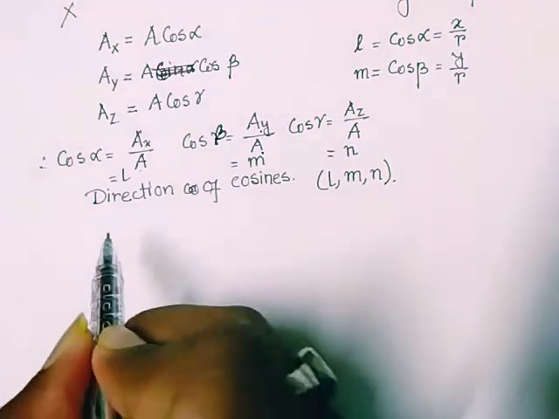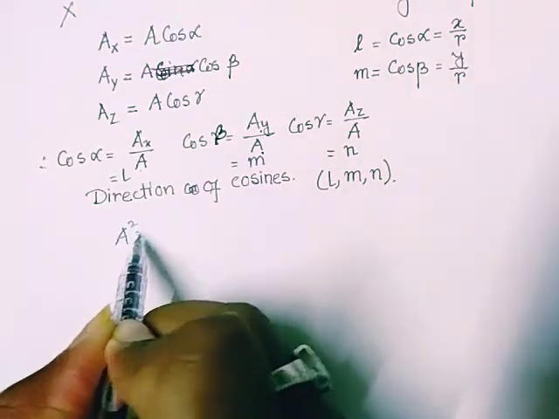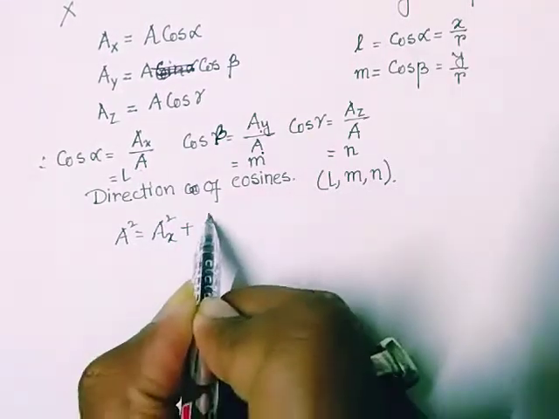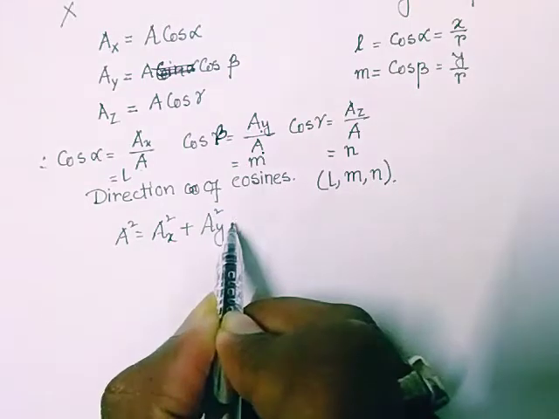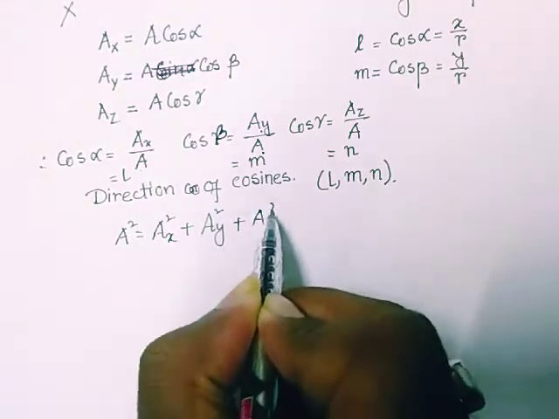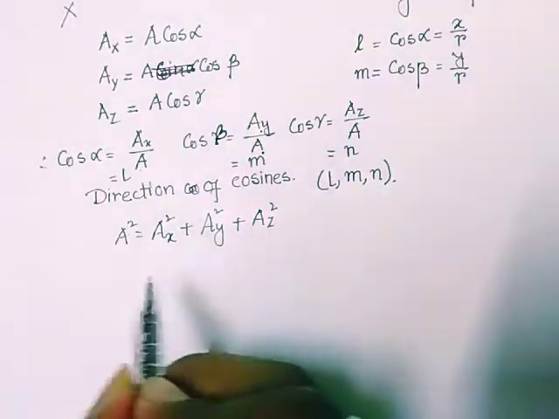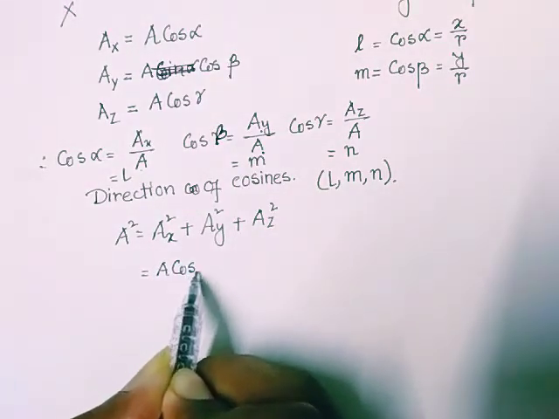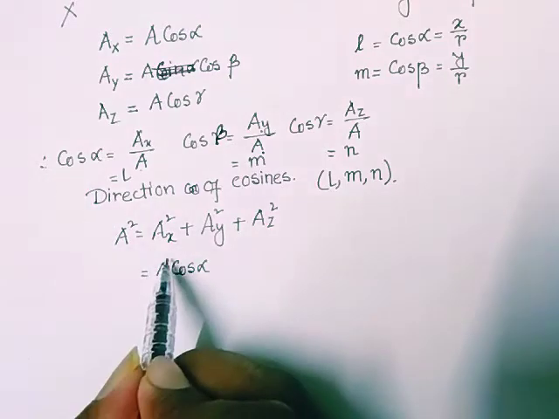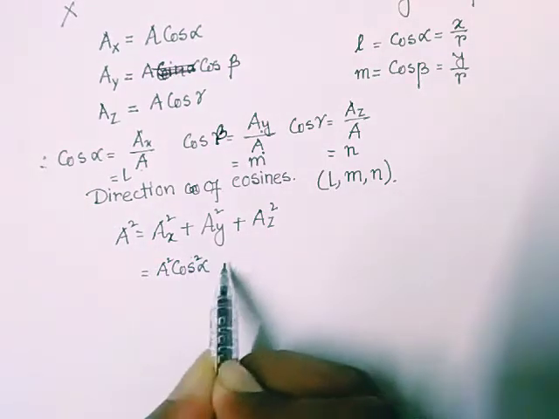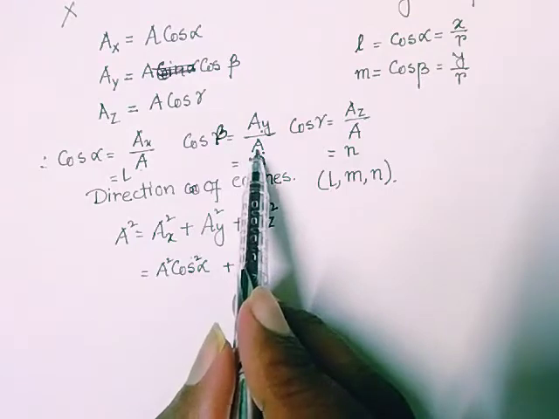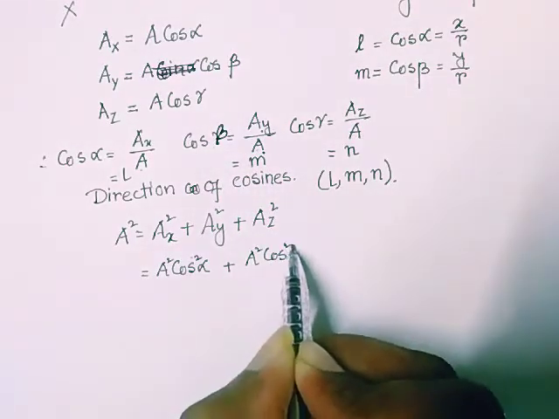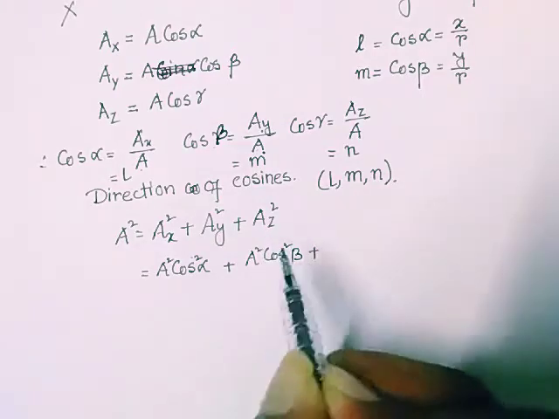We know that A square equals Ax square plus Ay square plus Az square. What is Ax? Ax is A cos alpha from this relation, so it will be A square cos square alpha. What is Ay? A cos beta, so it will be A square cos square beta. What is Az?